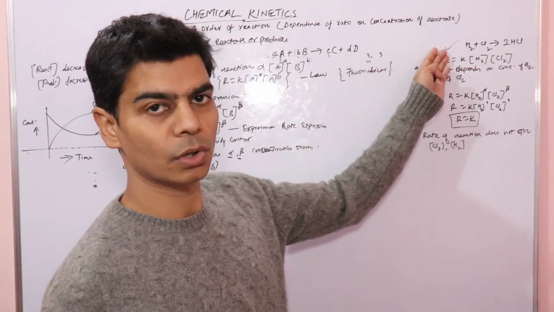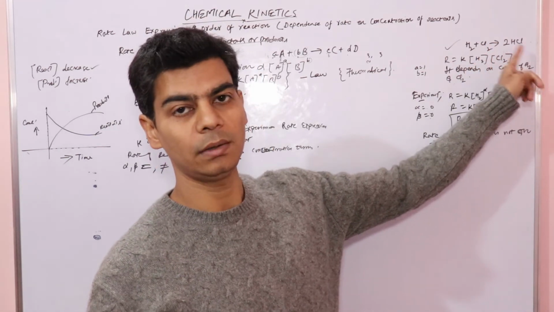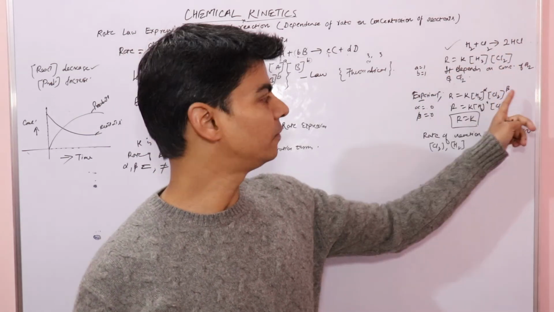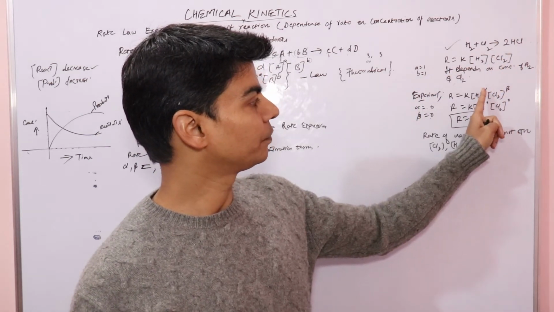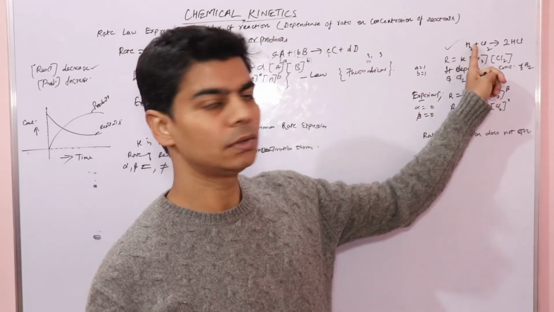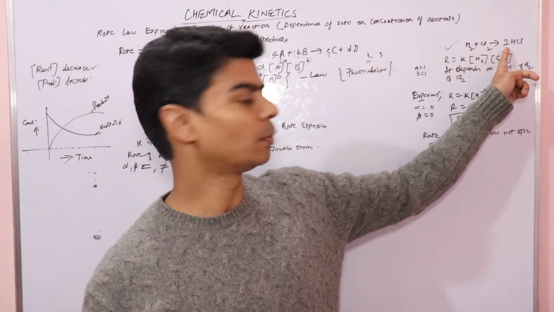This is as per your law of mass action, right? Where a is equal to 1, b is equal to 1. If I do the experiment, I write it here alpha and beta, and I said here that alpha may not be equal to a and beta may not be equal to b, right?